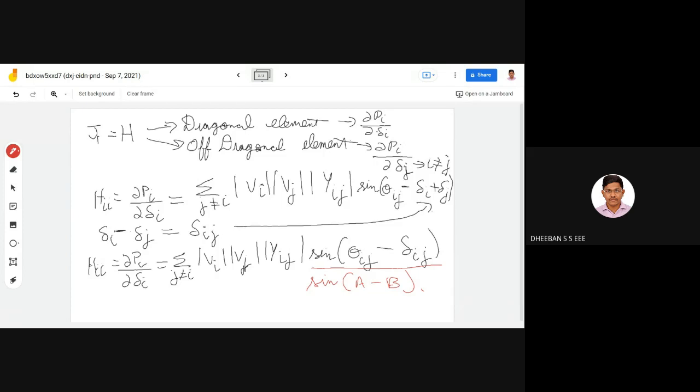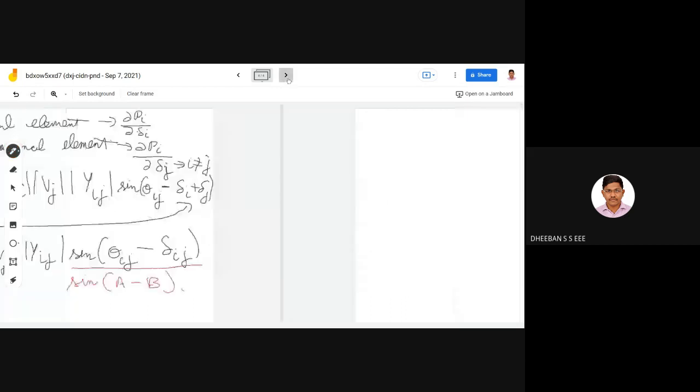sine a cos b minus cos a sin b. So if you're putting that formula, you can just refer to the formula and you can do it.